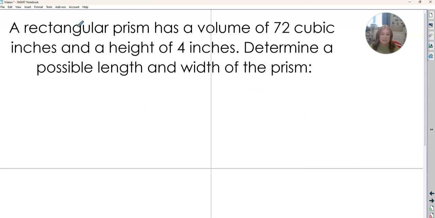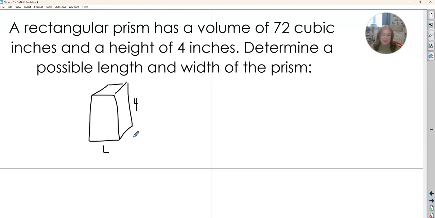Okay, our next one tells us that a rectangular prism has a volume of 72 cubic inches. So the whole entire thing can fit 72 inch cubes inside of it. The height is 4. So if we have this prism here, the height of this is 4.